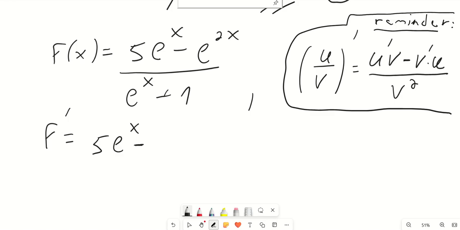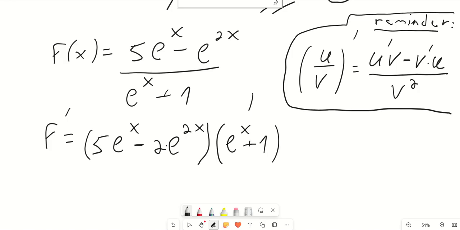Now I have to differentiate e to the power of 2x, so it stays the same, but I have to multiply it by 2 because the derivative of the exponent is 2. So this is the derivative of the numerator, and now I have to multiply it by the denominator without differentiating it.